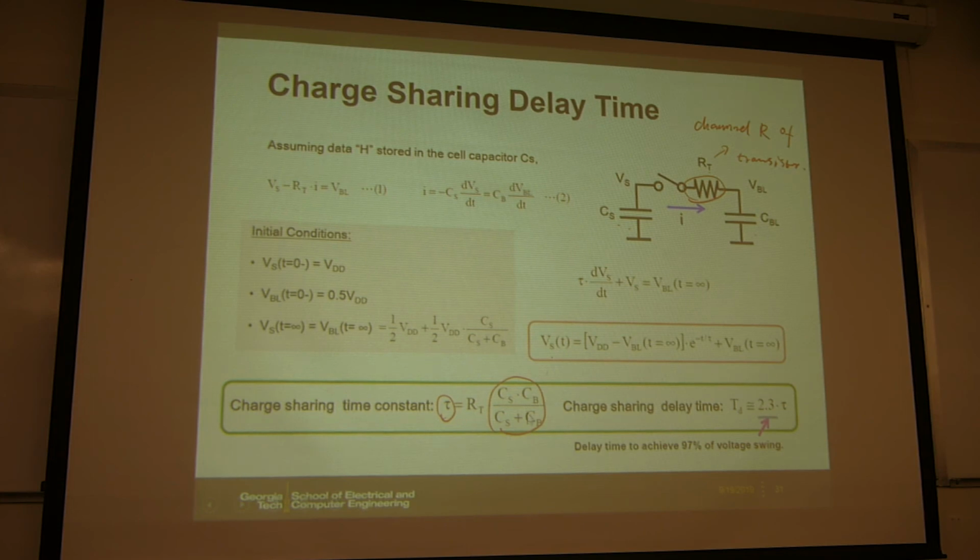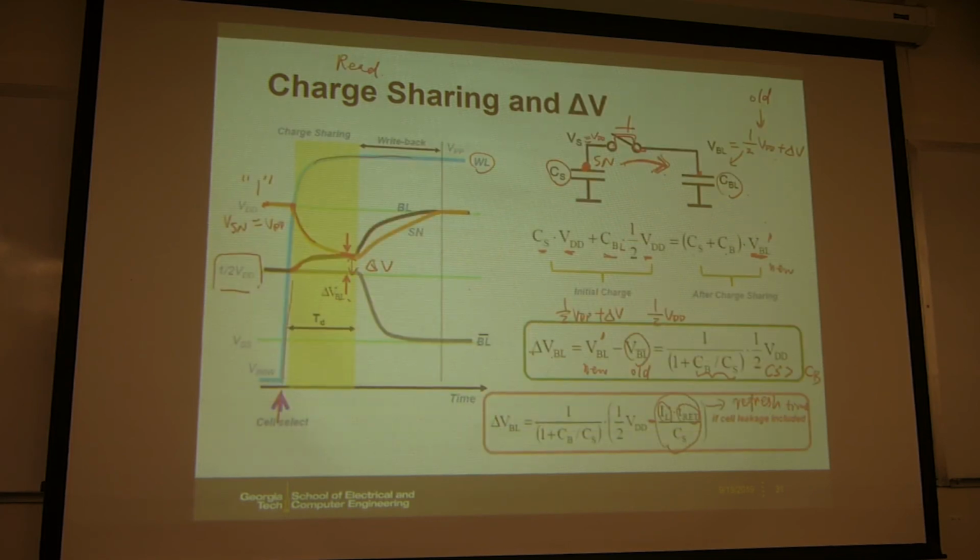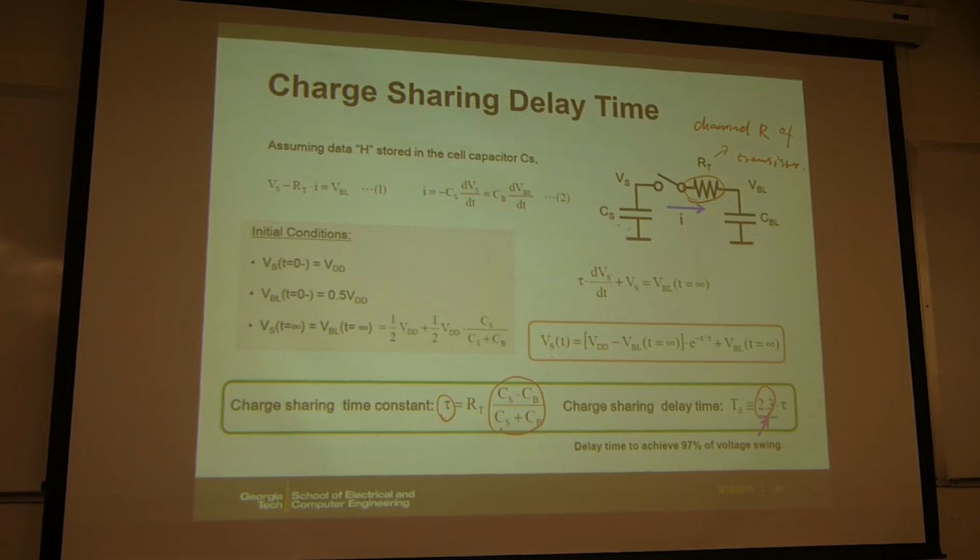So this is the RC for this process. And if you want to achieve like 97% of the voltage swing, then you have this coefficient 2.3 in front of the tau. So that is the total delay time for you to get this. And typically this is a few nanoseconds you have to spend this time.